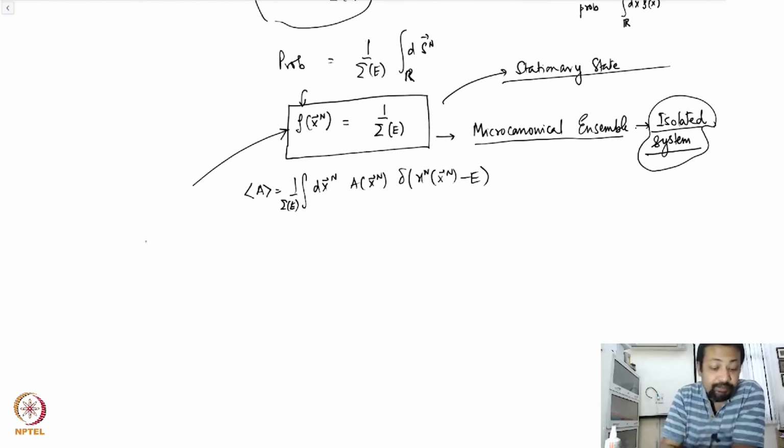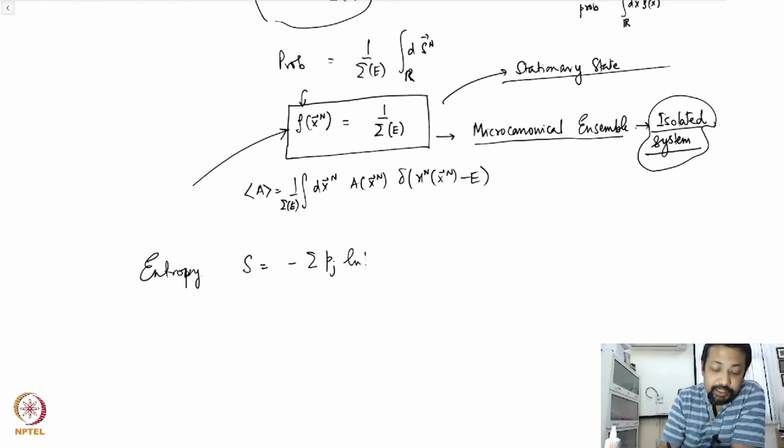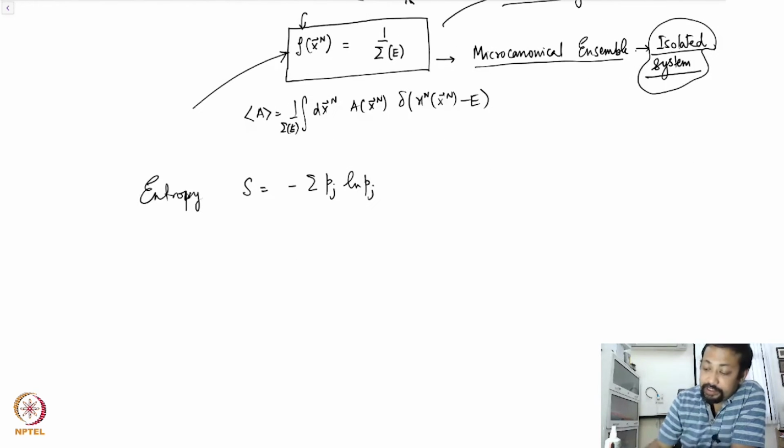Good. So now that we have this probability density, what do we want to do? The bridge is given by the statistical entropy, S equals minus the sum over Pj ln Pj, except now we have minus the integral dxn rho of xn ln of rho of xn divided by Cn.